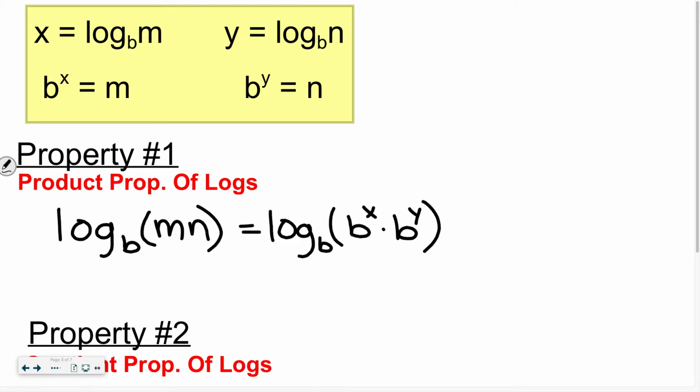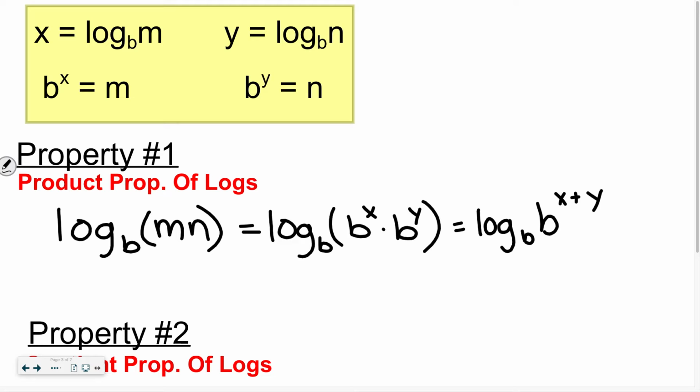Okay. If I have in there b to the x times b to the y, they have the same base. So what can I do with those exponents? Add them. Okay. So this is really the log base b of b to the x plus y. And then that looks like something from section 6.3. That's one of our inverse properties.